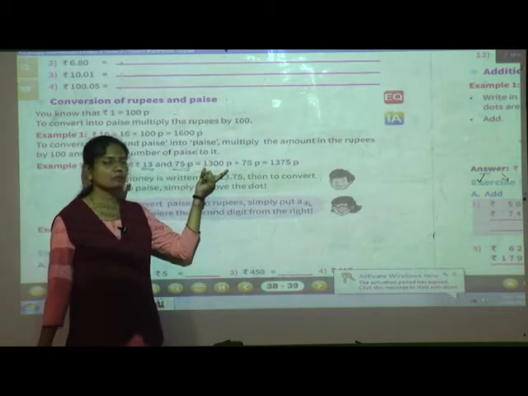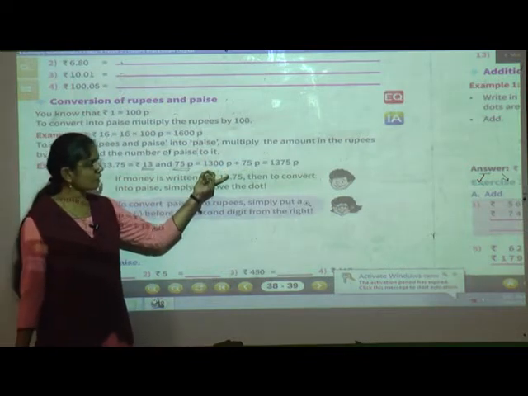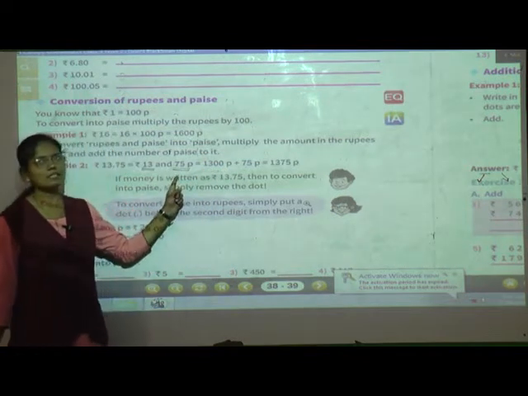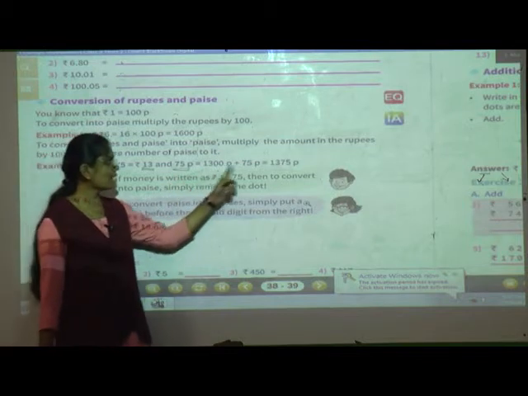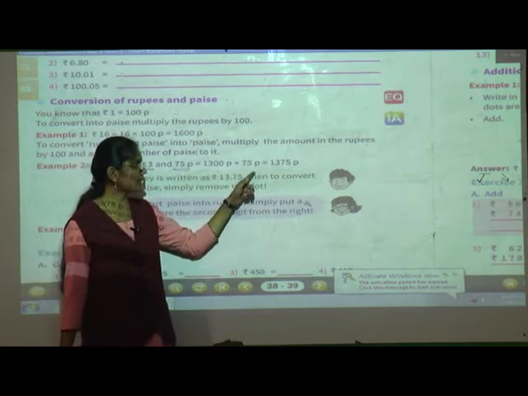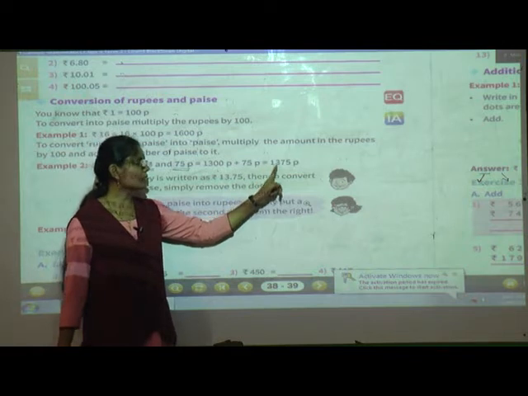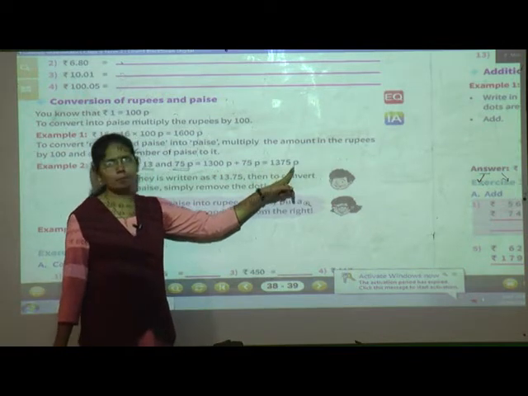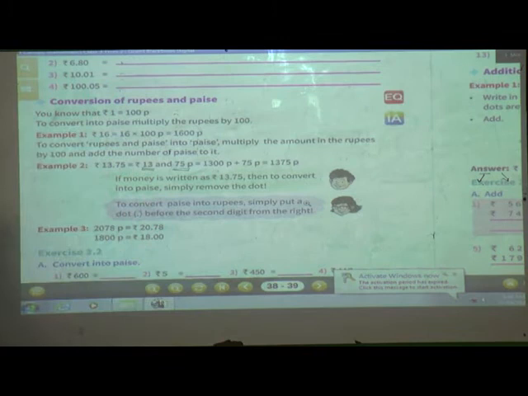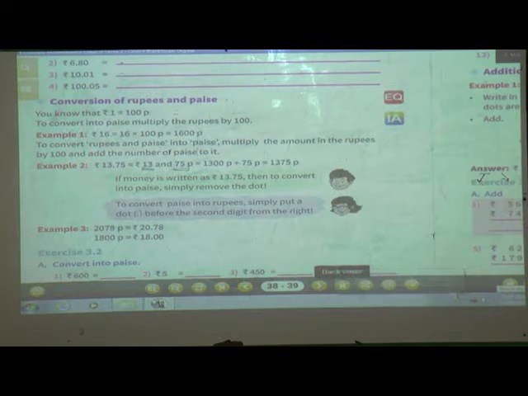So here we got 1300 paise, and in this 1300 paise we add the 75 paise. 1300 plus 75 means 1375 paise. So in this way, to convert rupees and paise into paise, multiply the amount in rupees by 100 and add the number of paise to it.